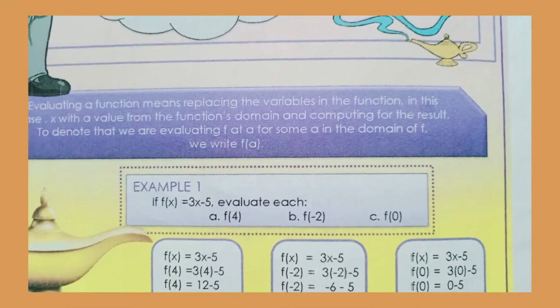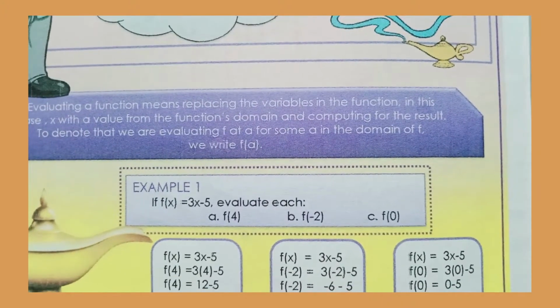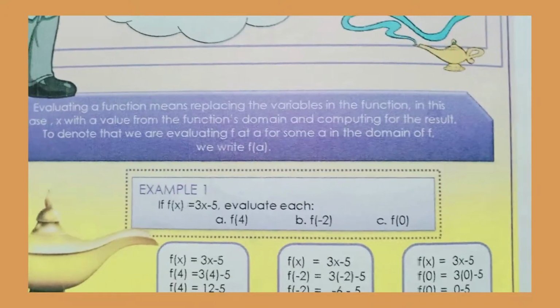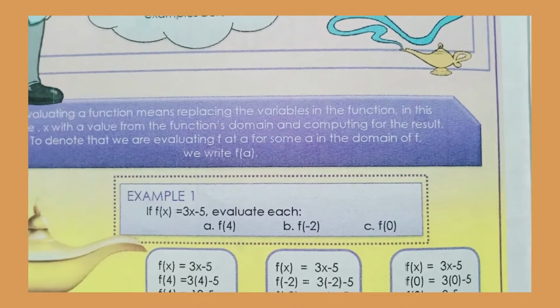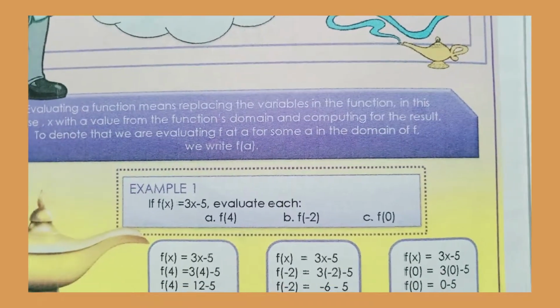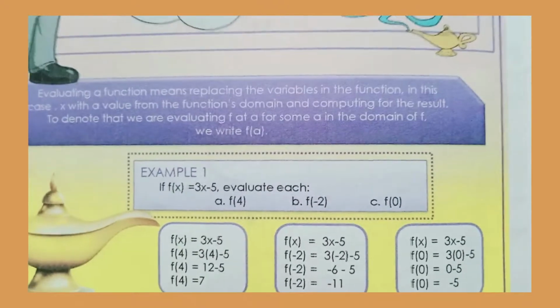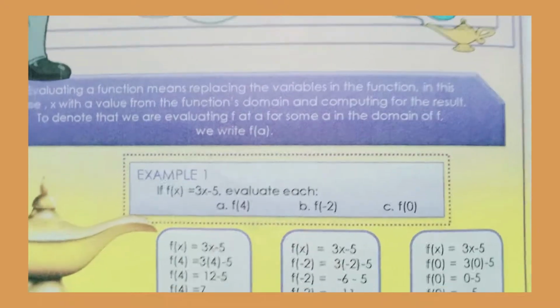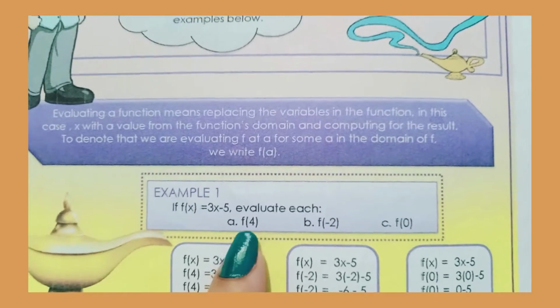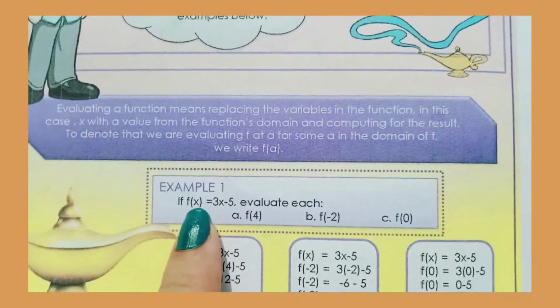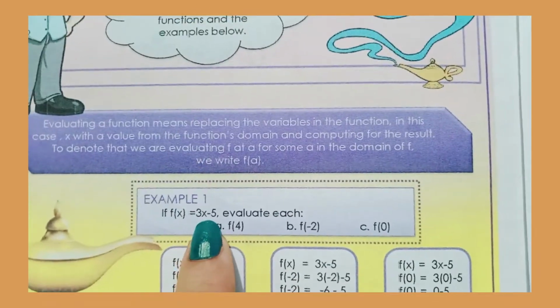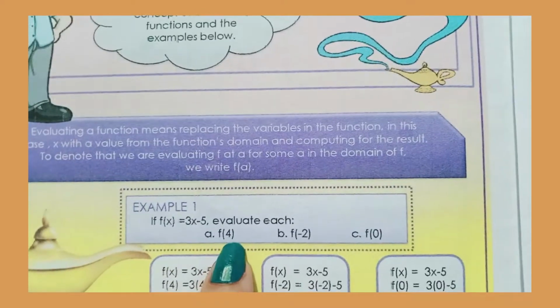So we need to evaluate it by replacing x with 4, replacing x with negative 2, and replacing x with 0. So basically, when we say evaluating function, yung ginagawa lang natin, yung x sa given equation, papalitan lang ng number na nandito.